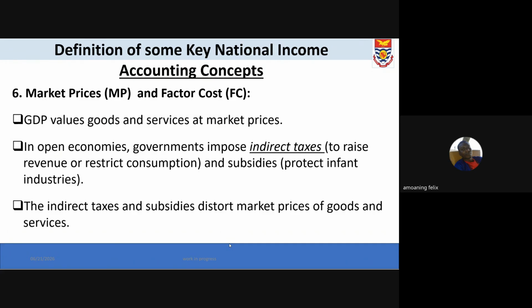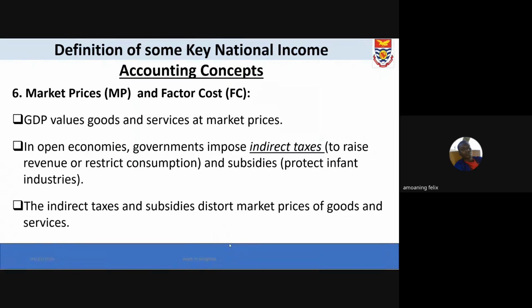The government also gives subsidies to some firms in order to be more competitive. The subsidy is simply any money that is coming from the government to the household, the individual or the firm, in order to make them more productive.